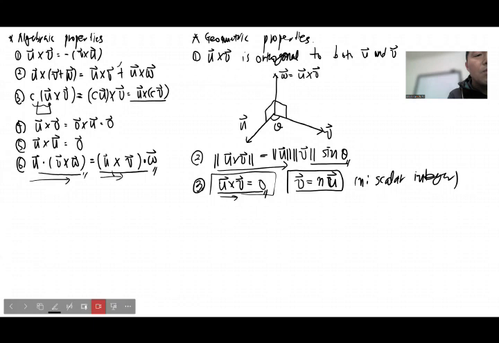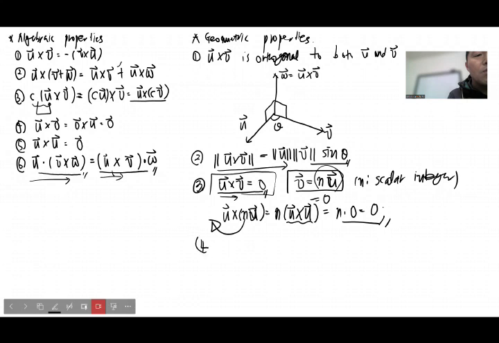So now let's replace v with this. Now that is n u, and the n scalar quantity can come out of the cross product. So that is n times u cross product u. So now you cross product the same vectors, so that should be equal to 0. So n times 0 equals 0.